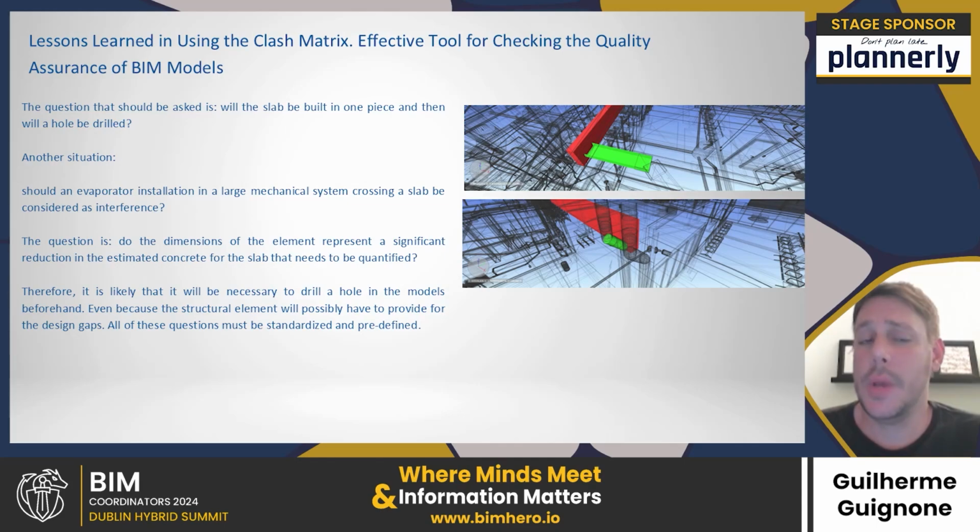Another situation: should an evaporator installation in the mechanical system crossing a slab be considered as interference? The question is, do the dimensions of this element represent a significant reduction in the estimated concrete for the slab that needs to be quantified?